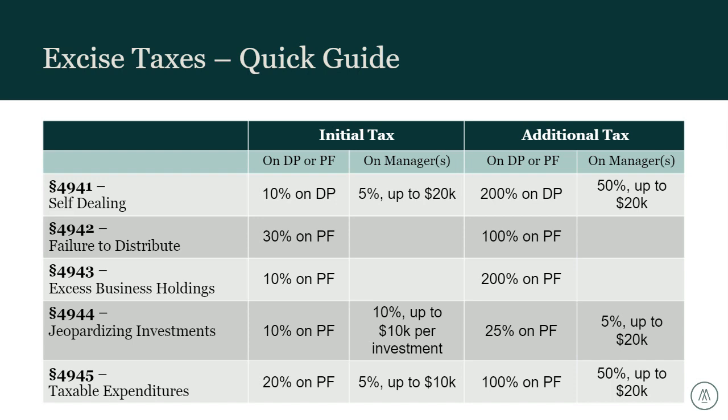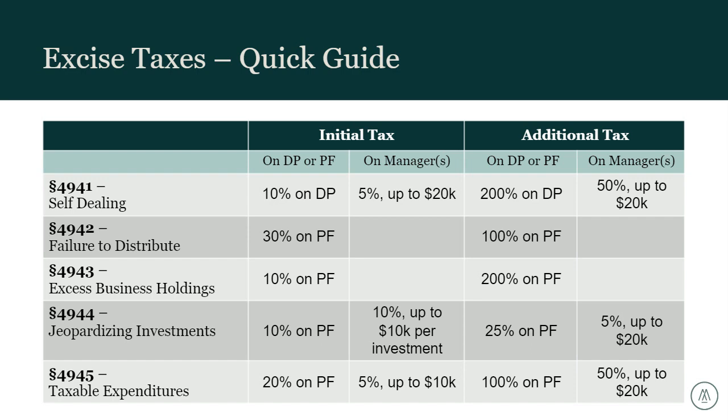also up to $20,000. And then some of the other taxes on failure to distribute would be 30% of the amount involved on the private foundation. And then if you're subject to that additional tax in the correction period, it's 100% of the prohibited amount. For excess business holdings, it's 10% of the amount on the foundation and 200% on the additional tier.